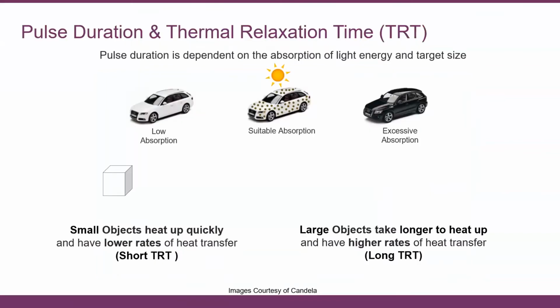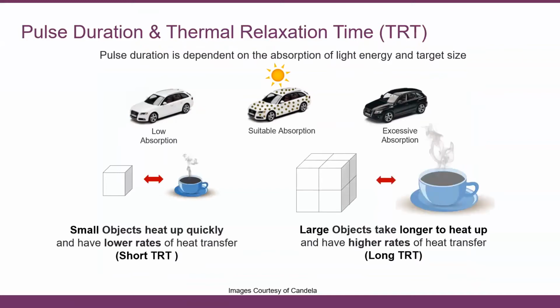Pulse duration and what we call thermal relaxation time. I think the simplest way to look at this is if you have small targets, so very small vessels with a small diameter, we're going to use a short pulse.